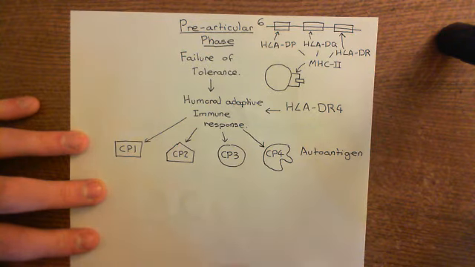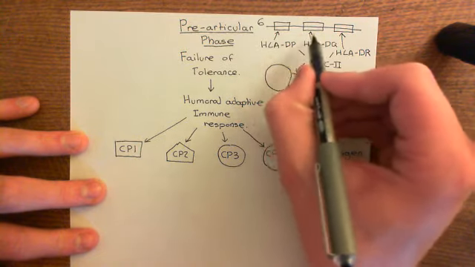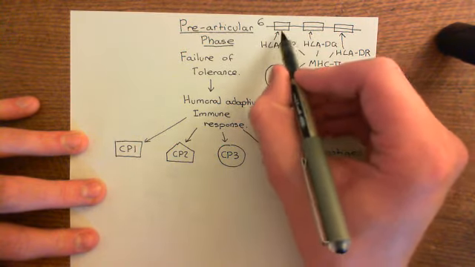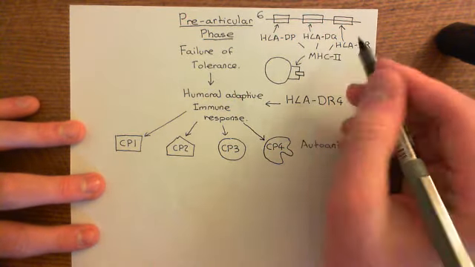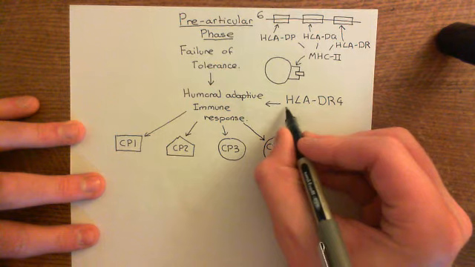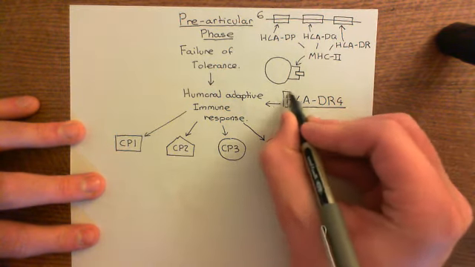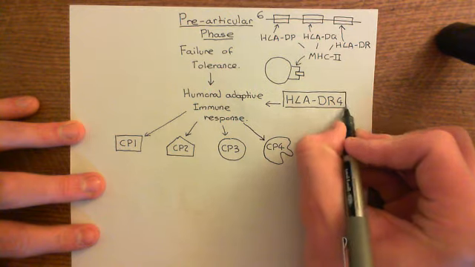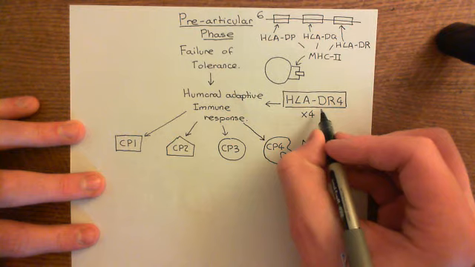Now, in each of these gene loci, there are many different alleles that you can have present at each slot, basically. One of the specific alleles that you can have in this HLA-DR slot is HLA-DR4. And basically, if you have HLA-DR4, you are 4 times more likely to develop rheumatoid arthritis.